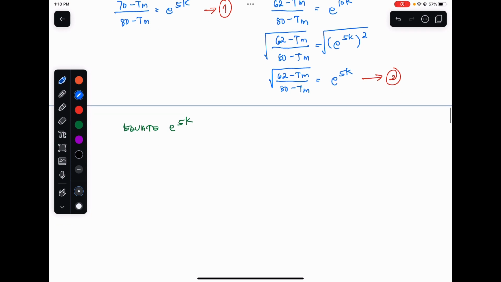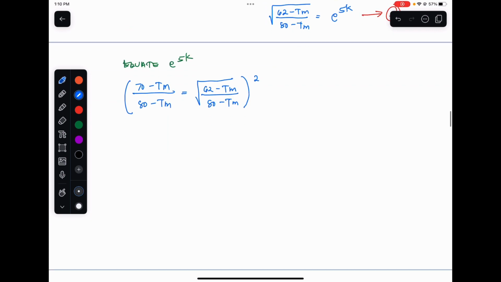So that will give us 70 minus t sub m all over 80 minus t sub m equals the square root of 62 minus t sub m all over 80 minus t sub m. So this is our equation now. There's a radical involved, so I'm going to square both sides.